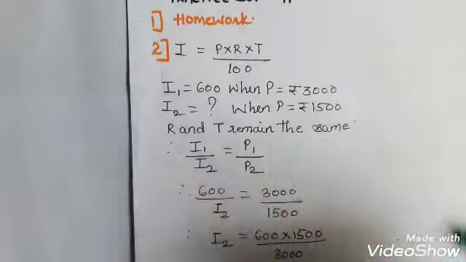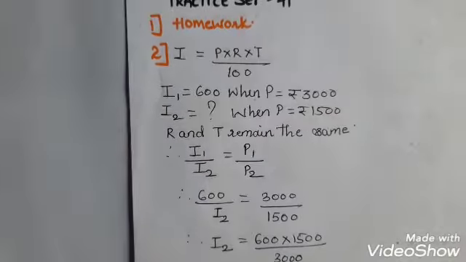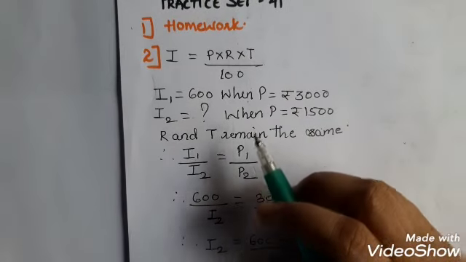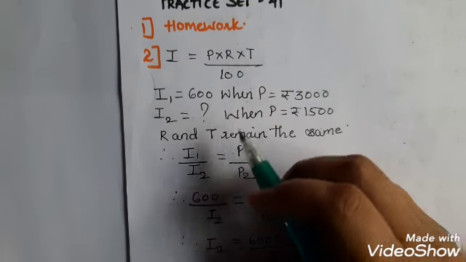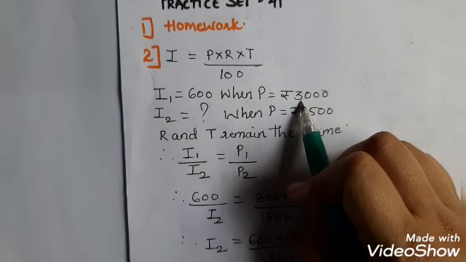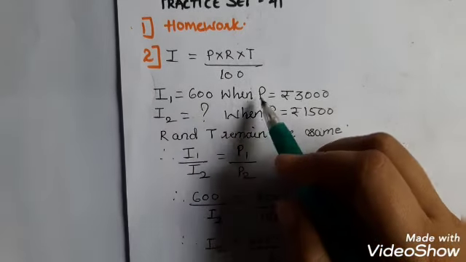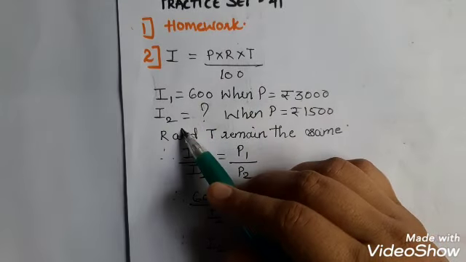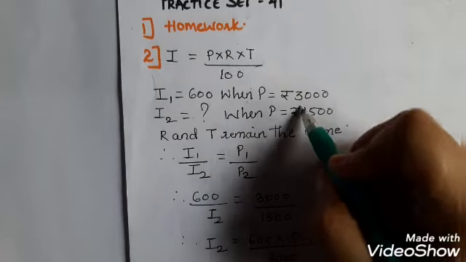First, we know the formula for interest, P into R into T upon 100. Okay. Next, interest on 3000 rupees. So principal is 3000. The first 3000 rupees, the interest is 600. So now there are 2 principals and 2 interests. So this is I1, the interest of the first principal.